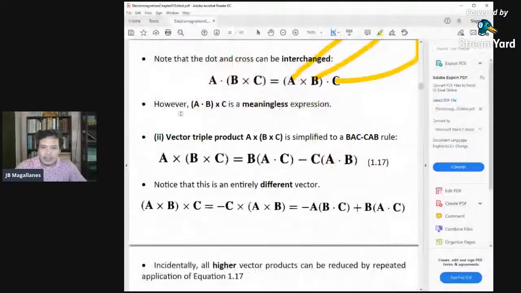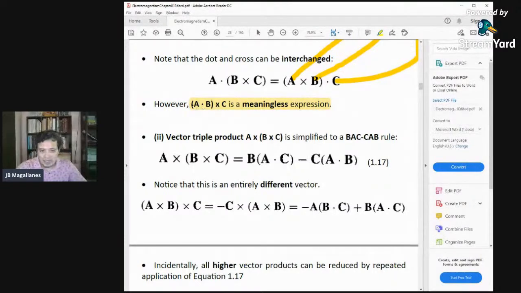So here is a meaningless expression. Why? A dot B is a scalar. There's no direction, only magnitude. And you're crossing it with a C, which is a vector. So a scalar cross a vector is not possible. You can only cross a vector with a vector. In this case, you have a scalar, it's not possible.